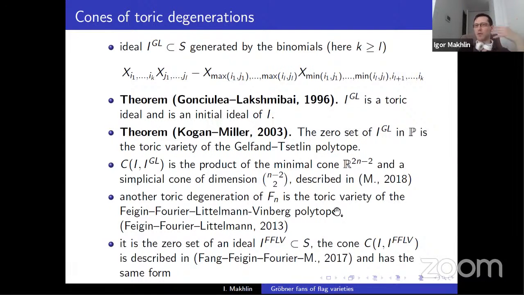They discovered this polytope, and then later they proved that it also provides a toric degeneration of the flag variety in two separate papers.